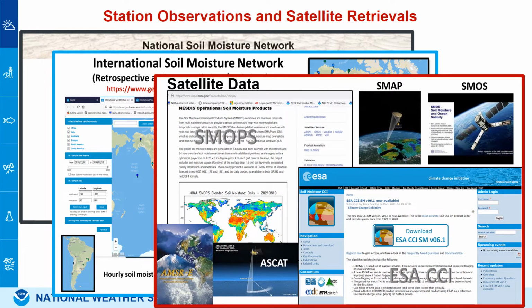This is satellite data, including SMOPS and ESA-CCI. Besides blended soil moisture, they also include separate satellite retrievals, such as SMAP, SMOS, ASCAT, AMSR, and Sentinel.